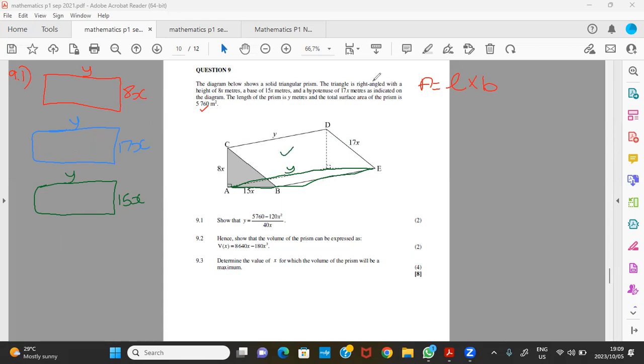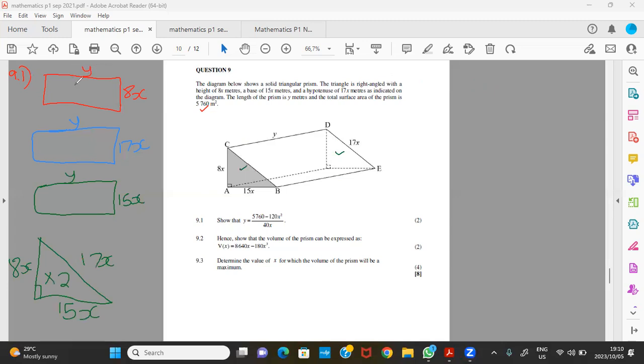And then when it comes to my two right angle triangles, they are exactly the same. So I know that my base is 15x, my height is 8x, and my hypotenuse is 17x. So let me continue on this side and calculate their areas, right?